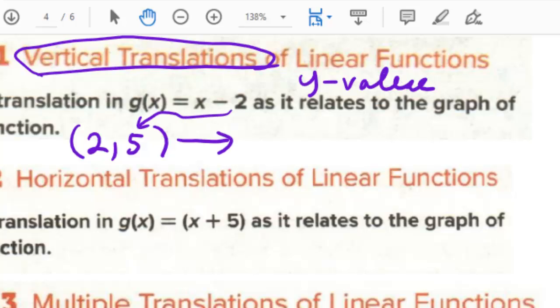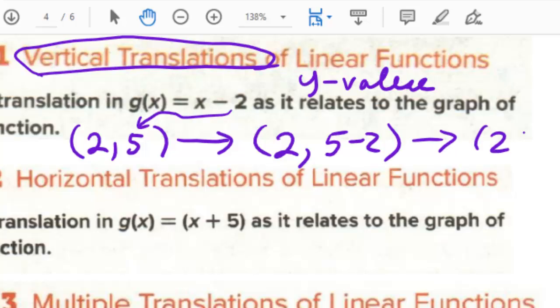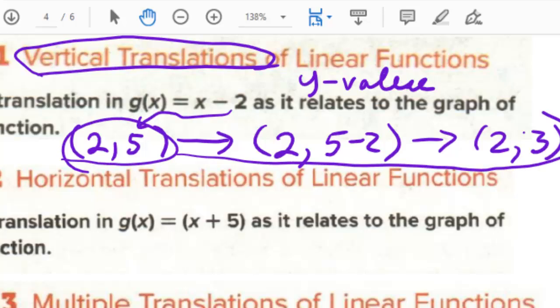So the translated point would be (2, 5 minus 2), which of course would be (2, 3). So the point (2, 5) would translate into the new point (2, 3), doing a vertical translation.